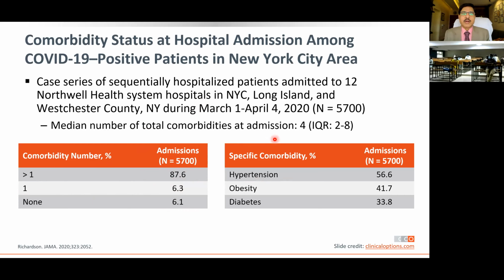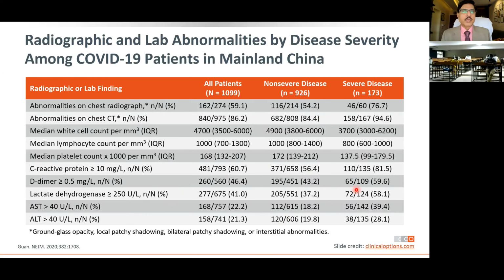All over the world, we have realized that people with hypertension and obesity are the ones who have more admissions than any other disease. Of course, diabetes also is important. Hypertension, obesity, diabetes appear to be forerunners in the comorbidities. Usually admitted patients have at least more than one comorbidity or at least one comorbidity in some, none only 0.1% in the New York City study.